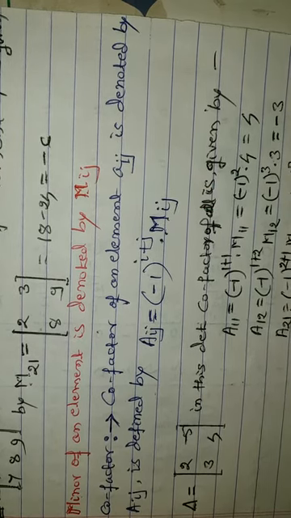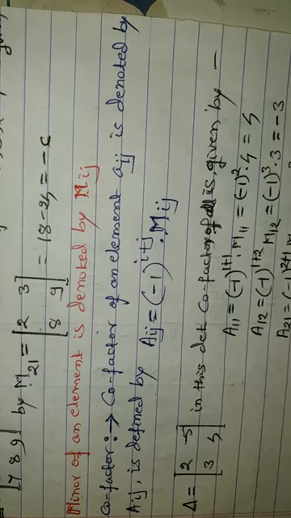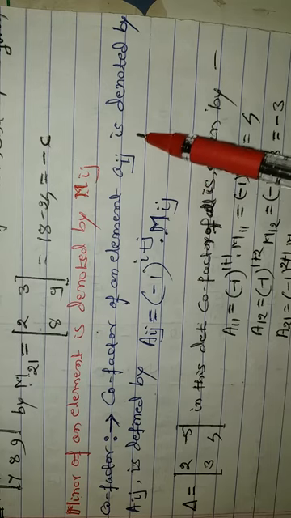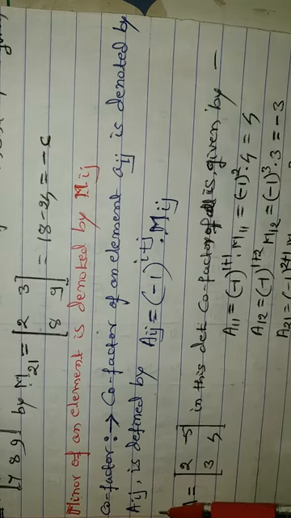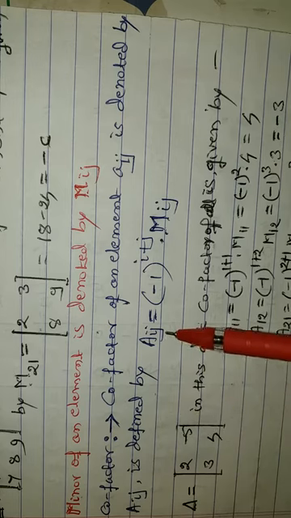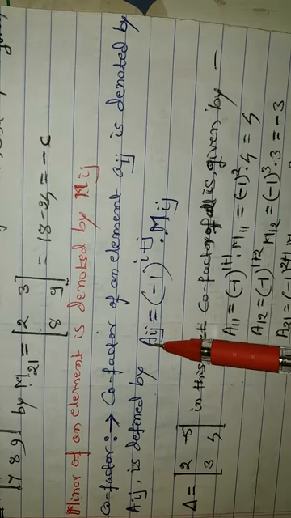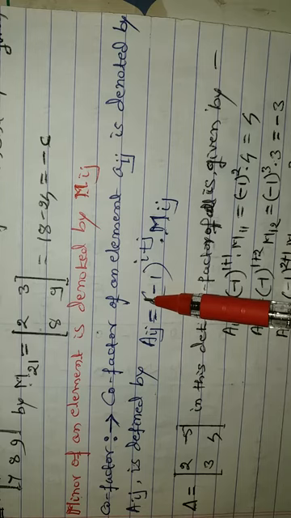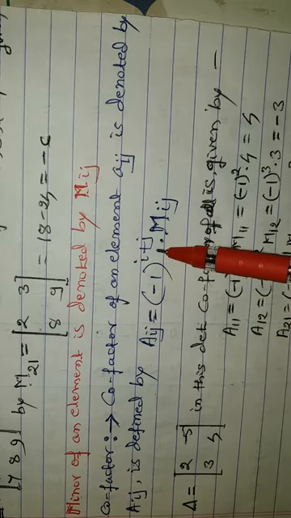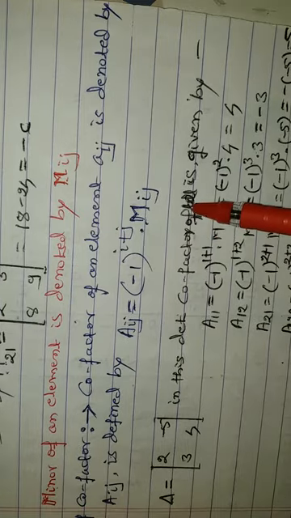How can you define the cofactor? Cofactor of an element a_ij is denoted by capital A_ij, and it is defined by the equation A_ij equals minus 1 to the power of i plus j, into M_ij.